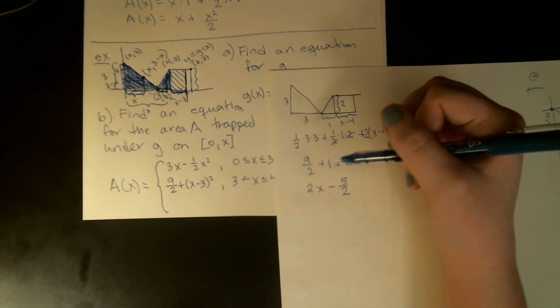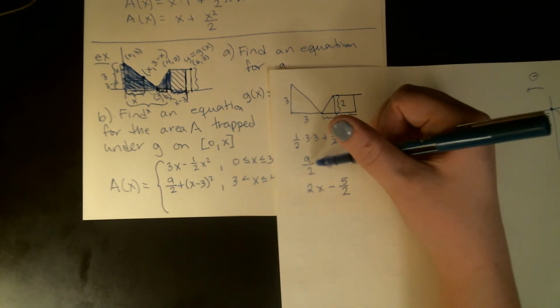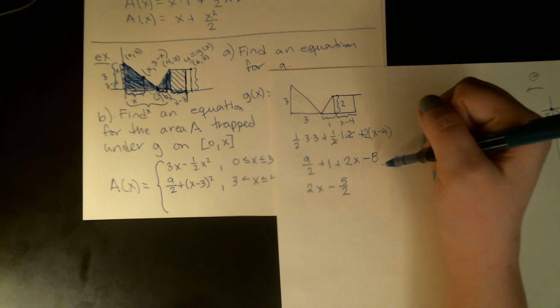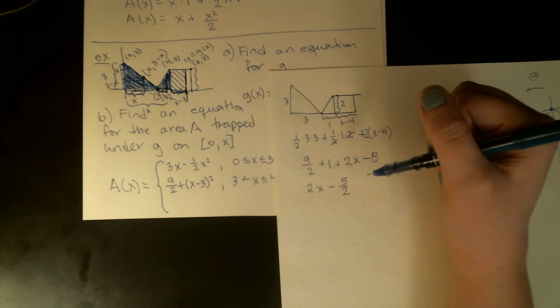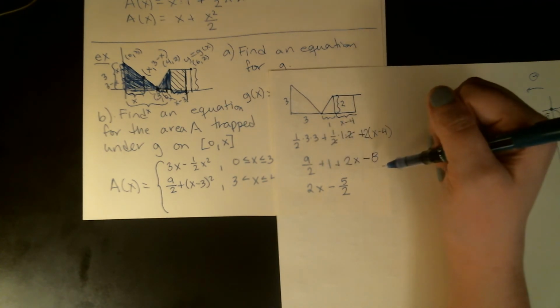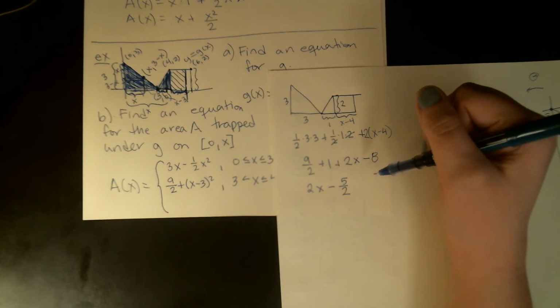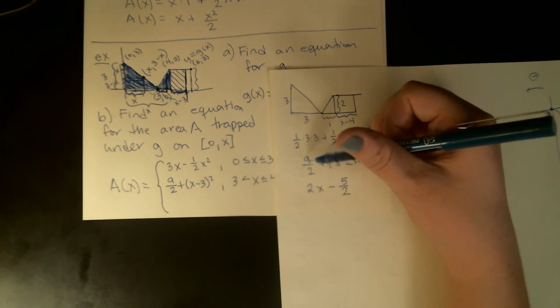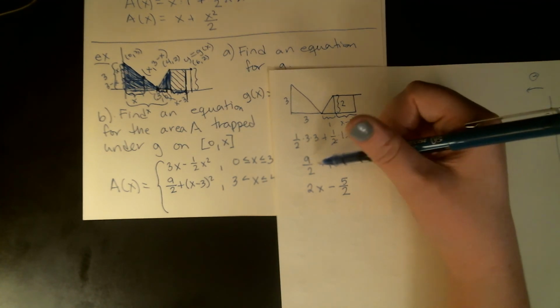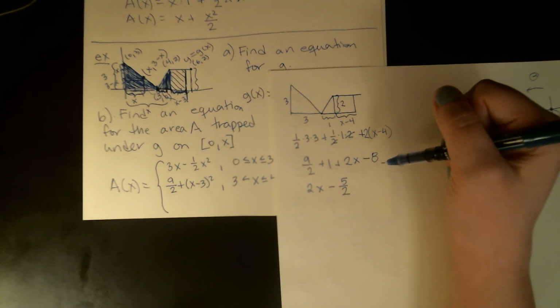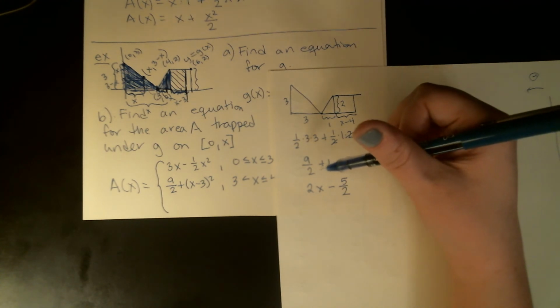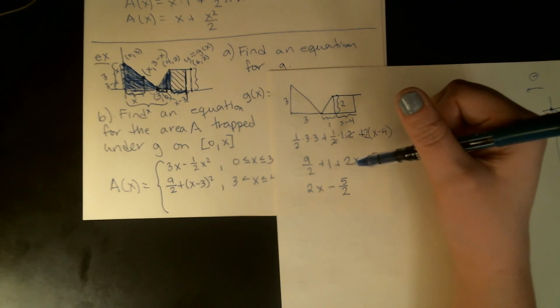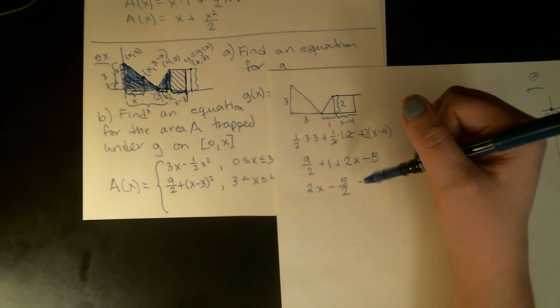Okay, let me just see if I believe my own self. 9, and then 8, 16, 25, 26. Oh, wait. Minus 9, I think I believe my own self. 9. Minus 7. Maybe I don't believe my own self. 4.5 minus 7. I think I may have lost the 1 in there.